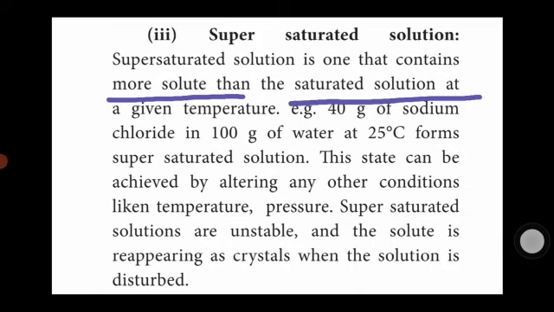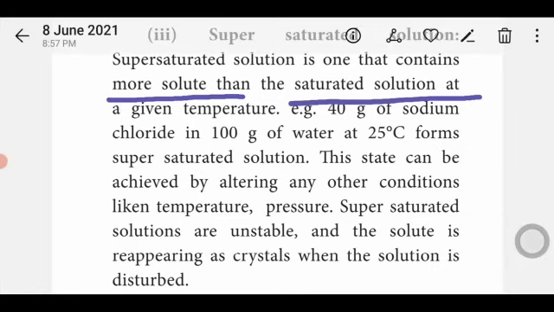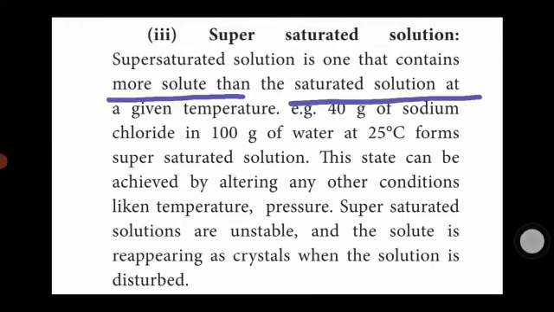This is a supersaturated solution. This excess solid is not easily dissolved in the solvent, so we can achieve it by altering other conditions. That means by adding temperature or pressure, the excess solid particles dissolve in the solvent.